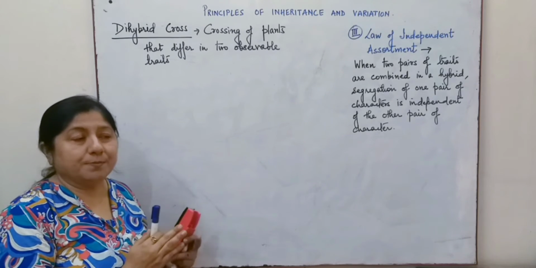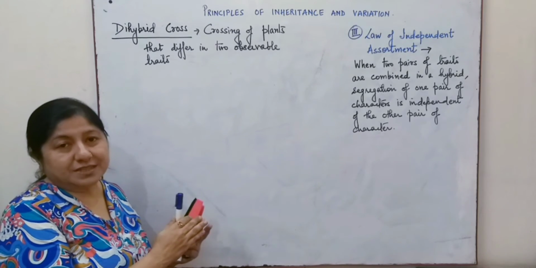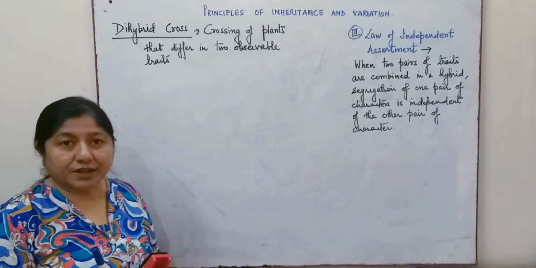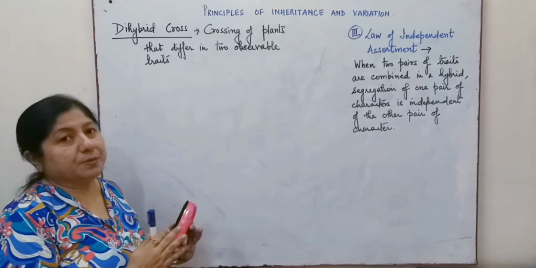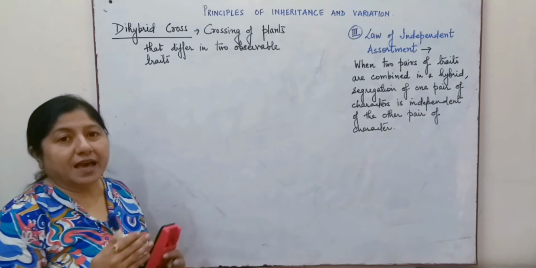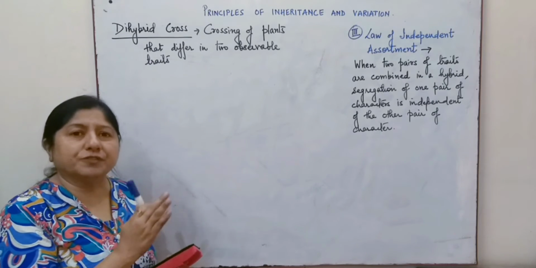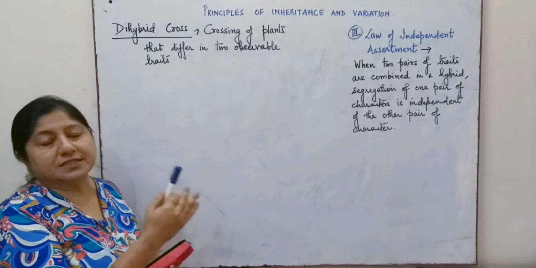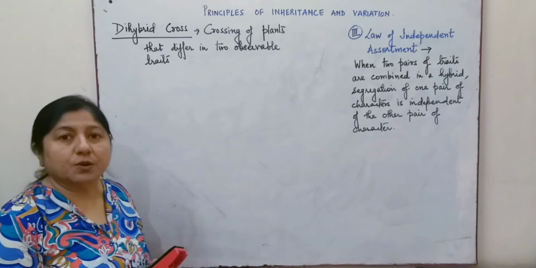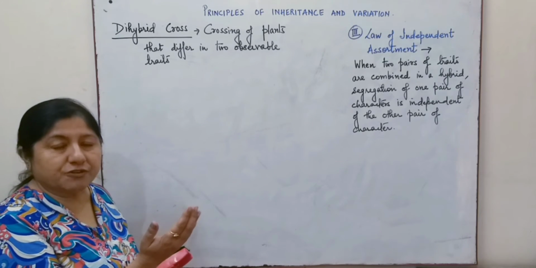So maybe one plant has round seeds, the other plant has wrinkled seeds, one plant has yellow seeds and the other green seeds. Or we can opt for any of the contrasting traits that we studied in the previous video. There were 7 pairs of contrasting traits.